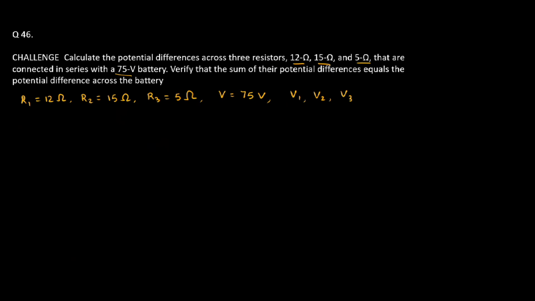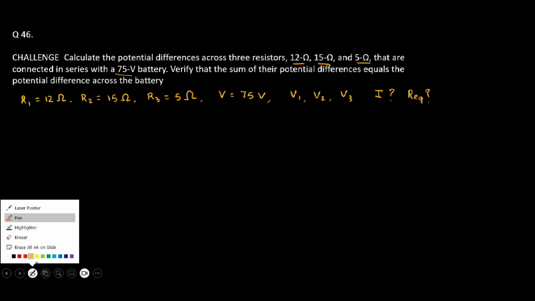If I want to find V1, V2, and V3, first I need to find what is my total current. And if I need the total current, I need to know what is the equivalent resistance. So we will start with finding the equivalent resistance. Using that, we will find the current. And using current, we will find the individual potential differences.